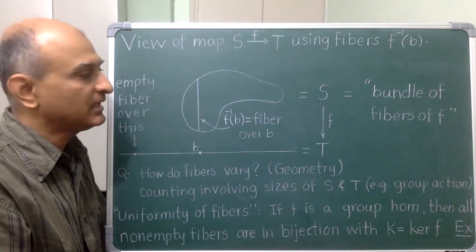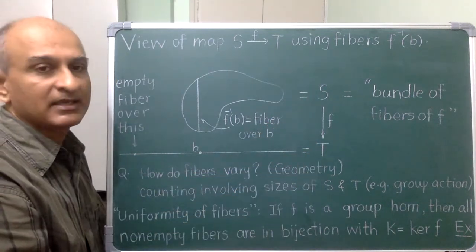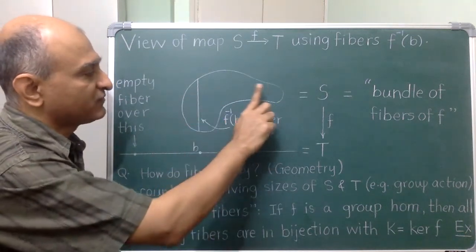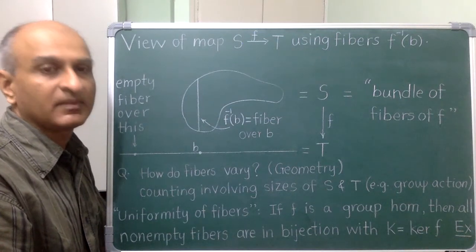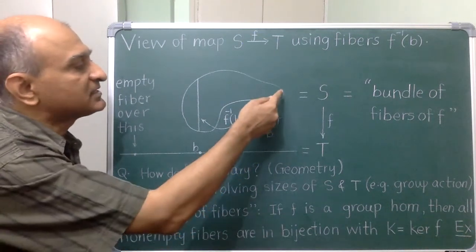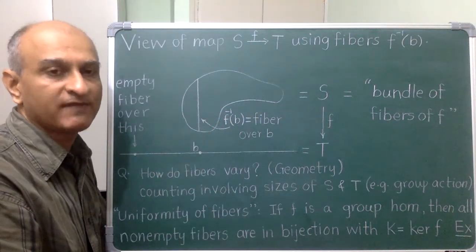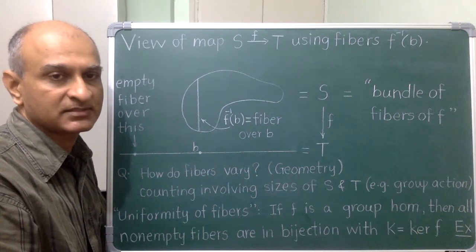For example, if S and T are geometric objects, then I can ask, as B varies, how do the fibers vary? I can also try to do counting with this idea. For example, the size of S is just the sum of sizes of all the fibers. For example, the class equation in group theory can be seen as an instance of this.